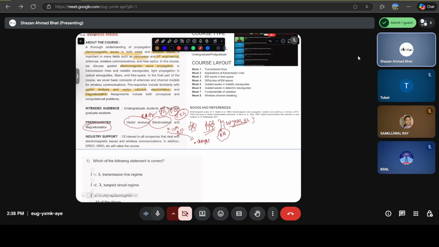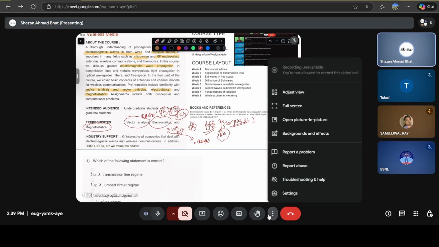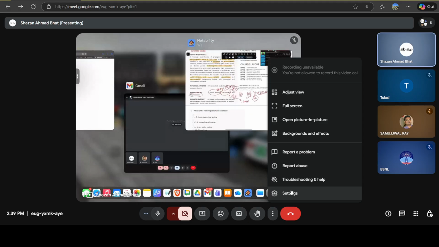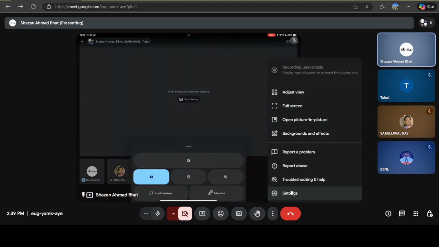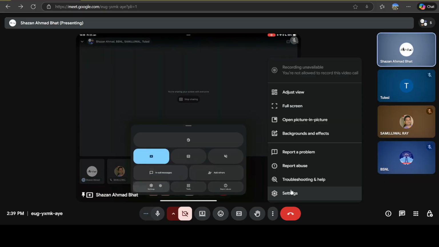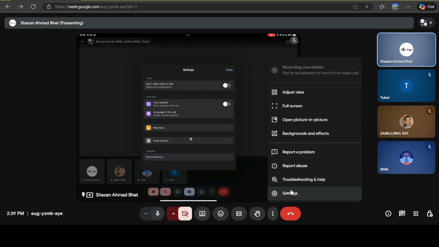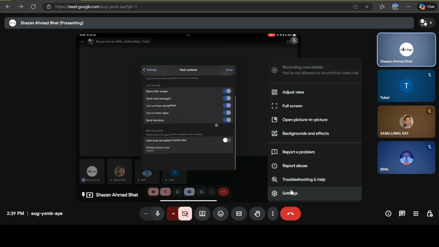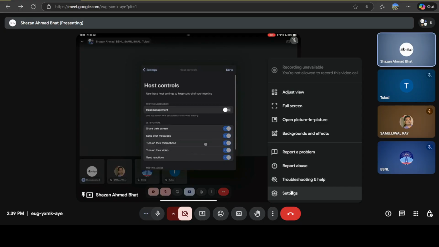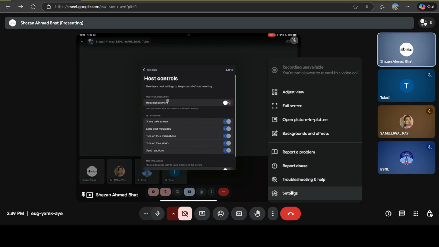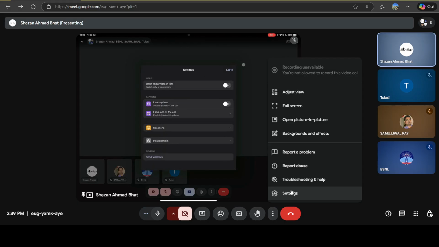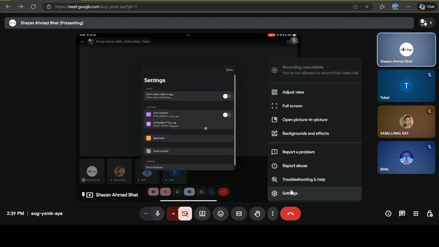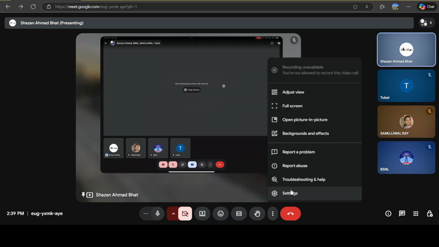And let me just, what is this? Admit. So I should change the settings first so that it can admit anyone automatically. Just give me a moment so that I can change the settings here. I should be able to do it. Settings, host controls, host management, it's not here.